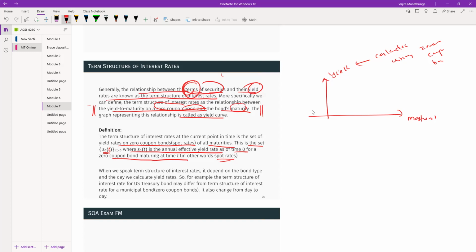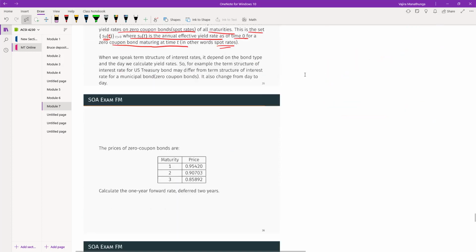So it depends on when we calculate these spot rates. Is it yesterday, today? Okay, and what kind of bonds? Government, municipal, corporate? Which country? Okay, so many things. So for example, the term structure of interest rate for the US Treasury bond may differ from the term structure for municipal bonds. It will also change from day to day.